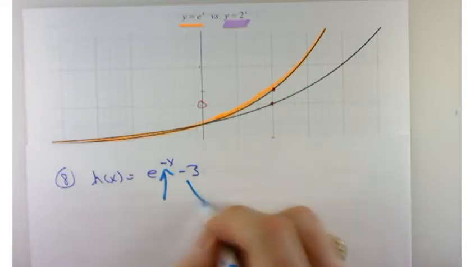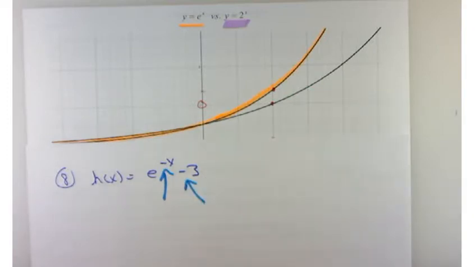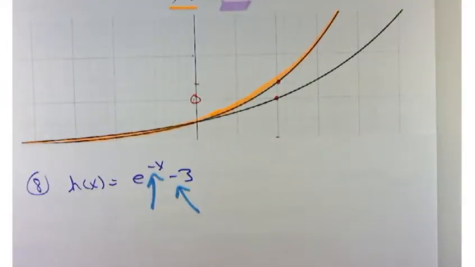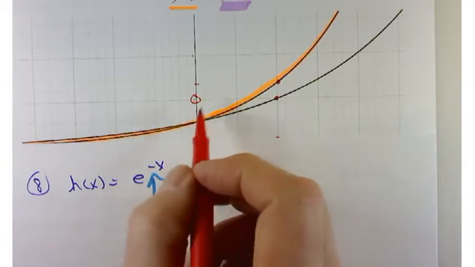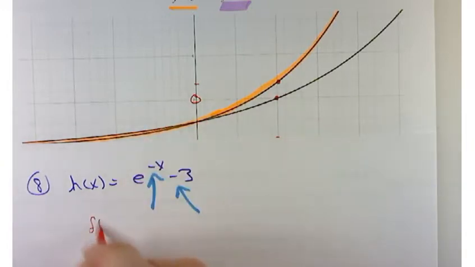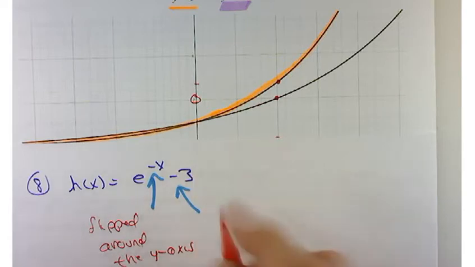All right, so there are 2 changes. And Courtney nailed it pretty well. This is going to flip around the y-axis, and then shifted down by 3.